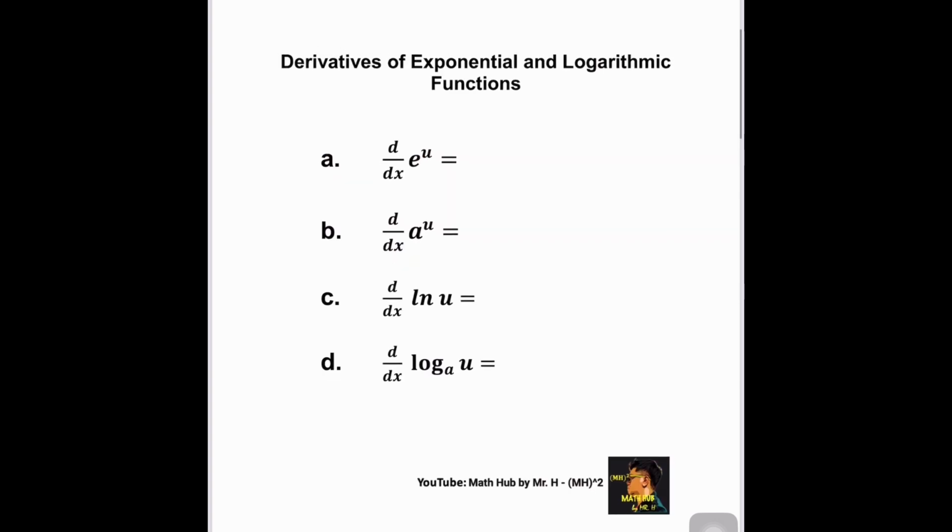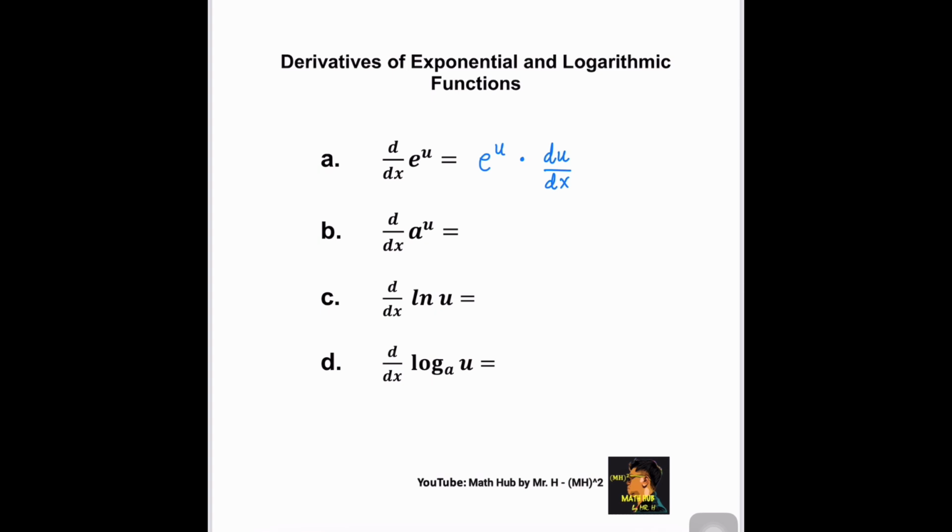So how do we find the derivatives of exponential and logarithmic functions? For all of this, provided that u is a differentiable function of x, the derivative of e to the power of u will be e to the power of u times the derivative of u.